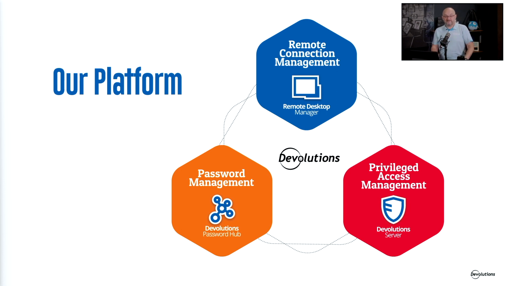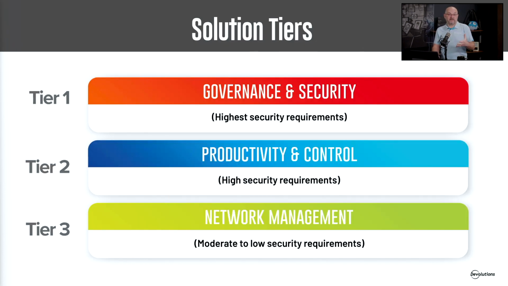And why would that be? Well, we've crystallized the theme of our whole platform in solution tiers. You see tiers more and more on the market, and this helped us control our speech or our positioning on the market, because at the lower tier 3, you see basic network management.